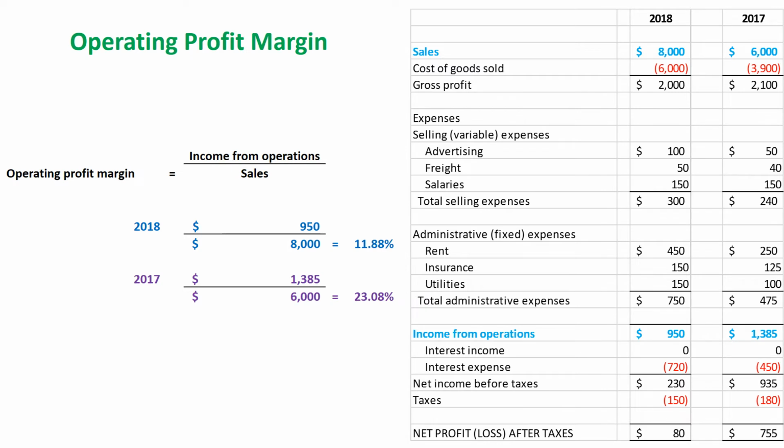In 2017, $1,385 over $6,000 equals 23.08%. In 2018, $950 over $8,000 equals 11.88%. Again, this example is showing a less profitable position in 2018 than it did in 2017.